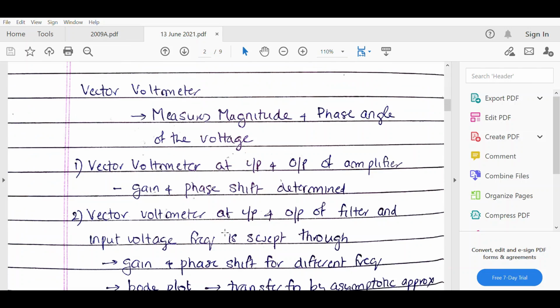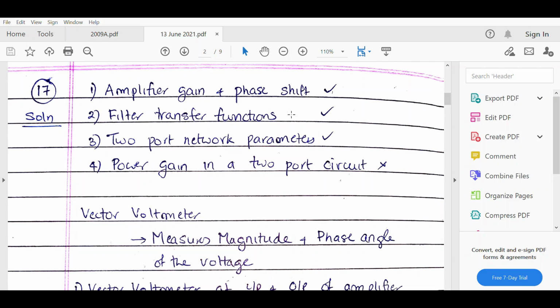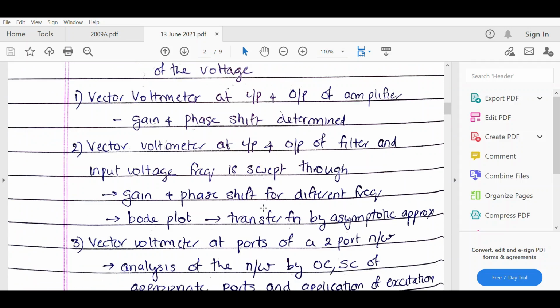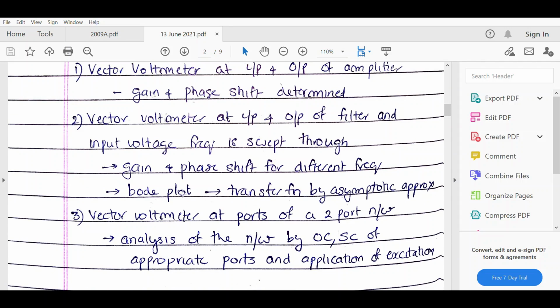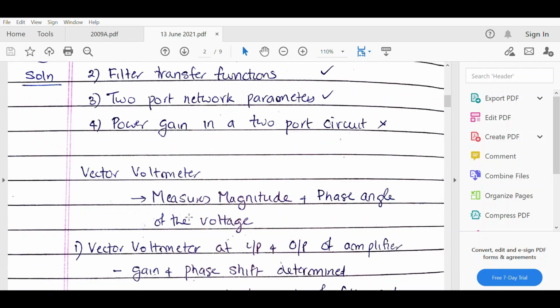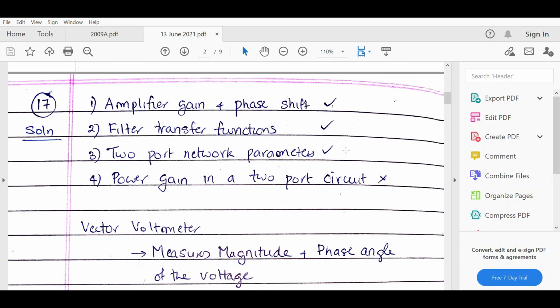So using a vector voltmeter we can get the second option also. Now if the vector voltmeter is connected at the 2 ports of a 2-port network, we can do the network analysis by appropriate open circuit and short circuit methods, and we will be able to find the various 2-port network parameters.